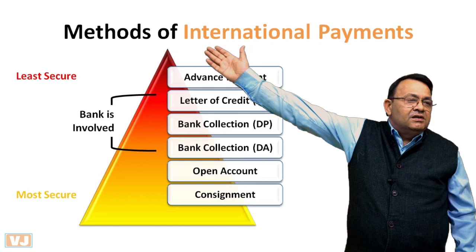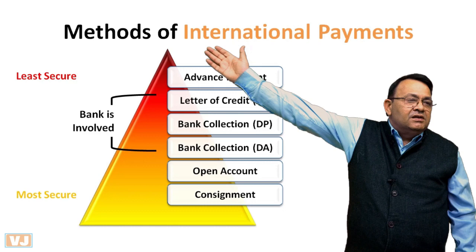The meaning of that is the consignment will come to you. That consignment has to be sold. Payment has to be received from the buyer, end user, customer, your local customer. And when that payment has been received, you will make the payment to the supplier. So this is the most secure method for you as an importer. Consignment sale is the most secure method of international payments.